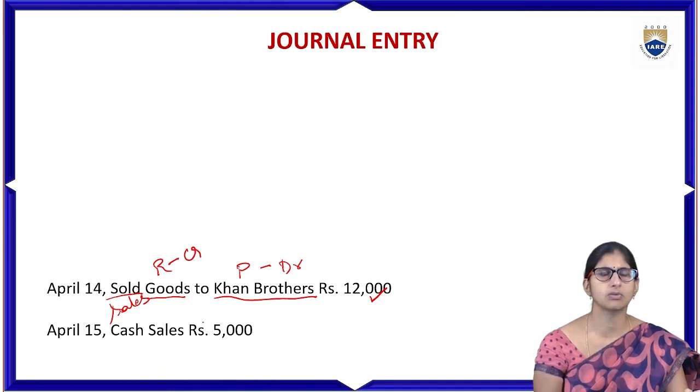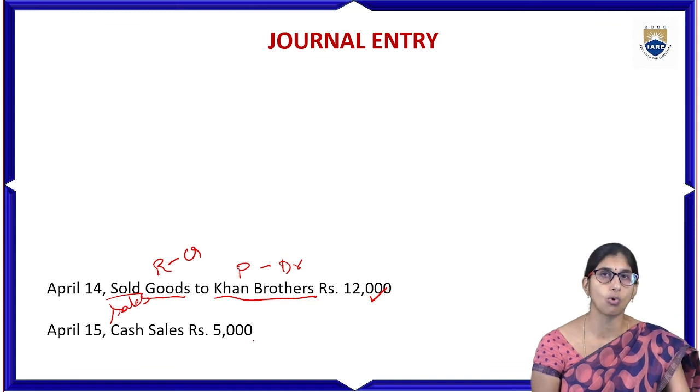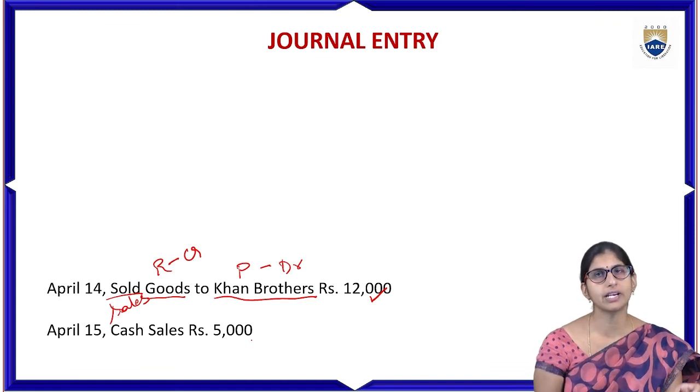Cash sales means we have sold some amount of goods for cash, rupees 5,000. We should assume the transaction in this way: if a cash sales transaction is given like this, some amount of goods are sold for cash. That we call cash sales.